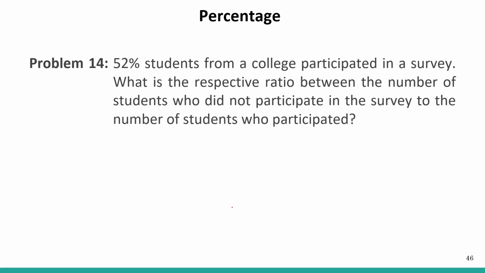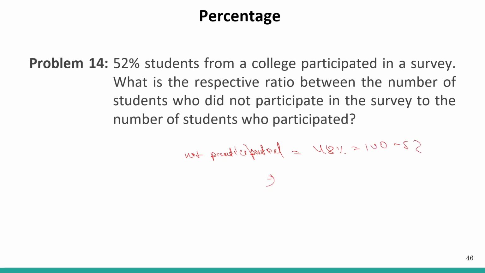Let's see problem number 14. 52% of students from a college participated in a survey. What is the ratio between the number of students who did not participate and those who participated? Since 52% participated, not participated is 48%, that is 100 minus 52.